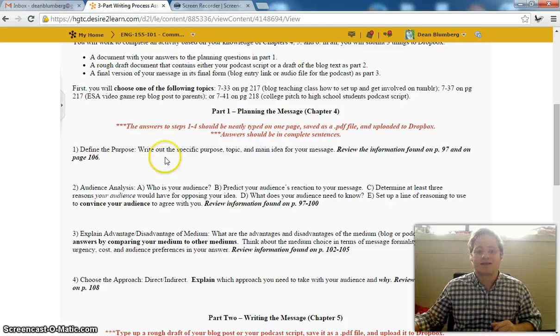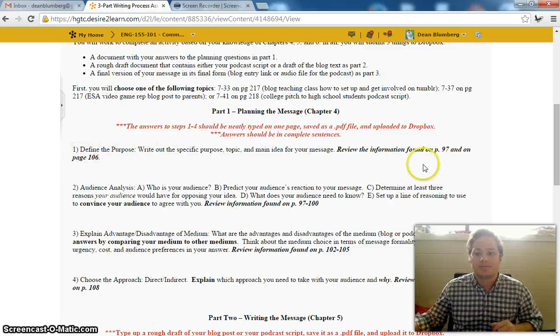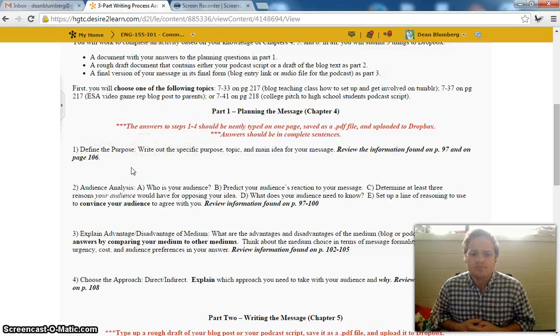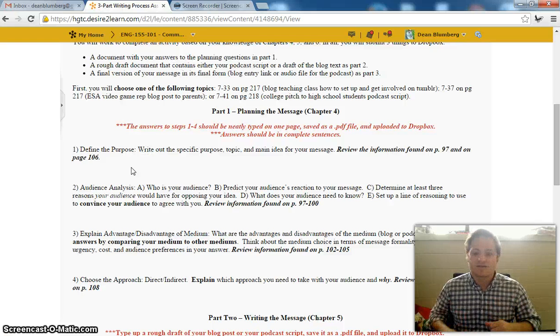And I've given you some page numbers to help you review the parts of the textbook that will correspond with what this question is getting at. The second question may be the longest, and this is going to be your multiple paragraph response. I want you to do an audience profile, and this ties into Chapter 4 as well. Think about demographics. What are your audience's values, their expectations?